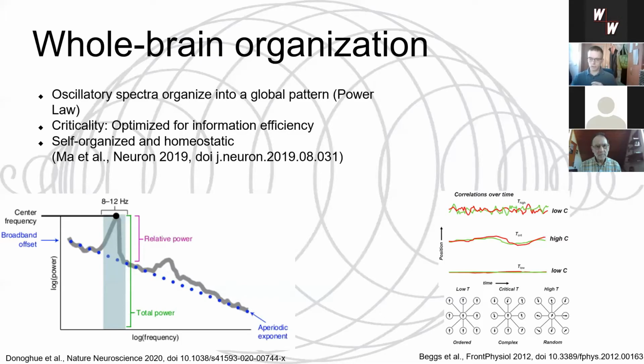When you disturb this field at some point, and you want to see how far this disturbance can travel in the lattice, this information transfer property is also maximized at the critical state. So this state appears to be optimal in some ways, in terms of stability and in terms of information efficacy.